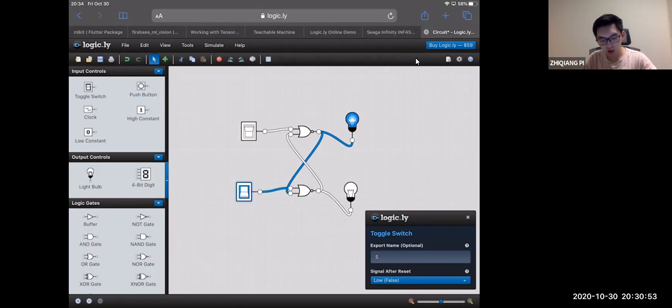Now whatever I do with the reset button shouldn't change the state of this overall flip-flop. Only when I click the set button should it set the bit to 1 and its complement to 0. And whatever I do with this, it doesn't change the circuit anymore.